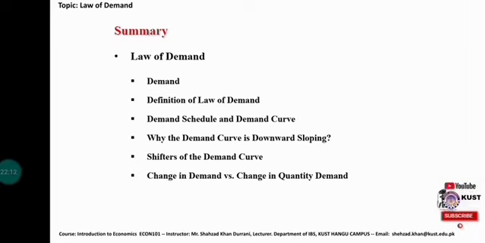Then we talked about why the demand curve slopes downward, and the three reasons for it. We discussed shifters of demand: taste and preferences, number of consumers, income, expectations, and the price of related goods, complementary goods and substitute goods. And then we talked about change in demand and change in quantity demanded.